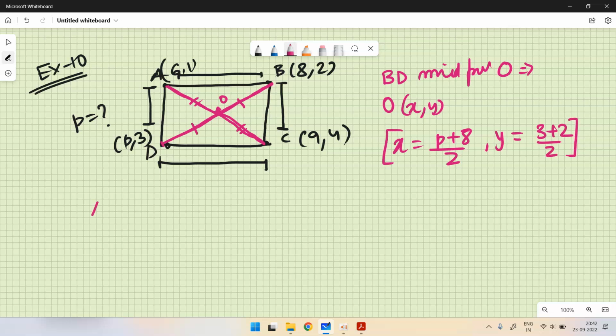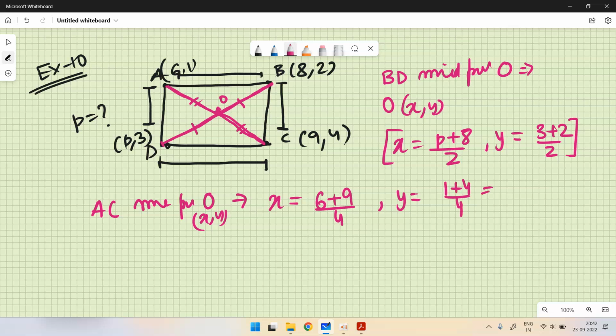And considering the midpoint of AC as O, which is already x comma y, x equals 6 plus 9 by 2, y equals 1 plus 4 by 2.